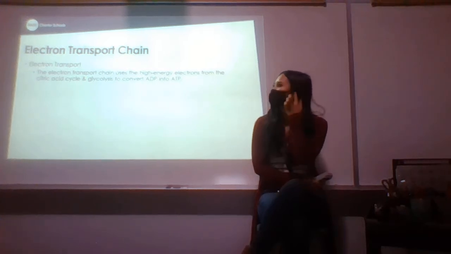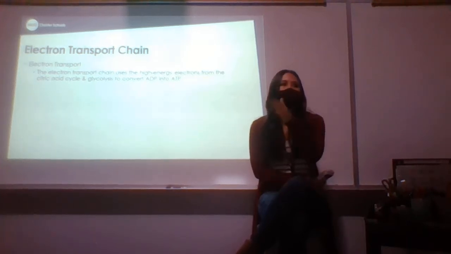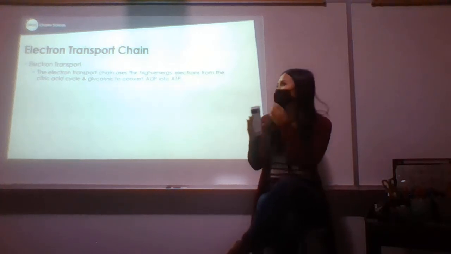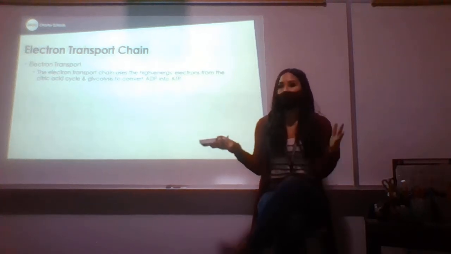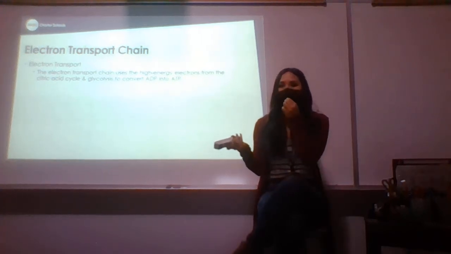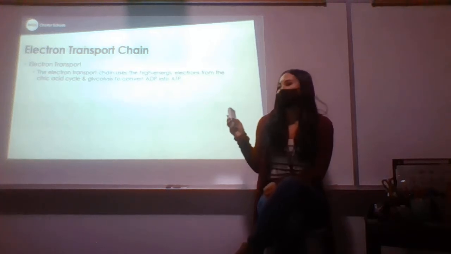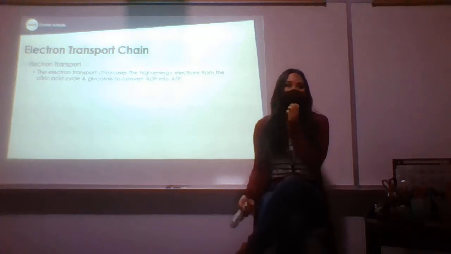So if we want to convert that ADP back into ATP, what do we have to do? Like, what turns ADP back into ATP? Yes, adding an additional phosphate to the end of it. So that's what the electron transport chain does, is provides energy to put that last phosphate bond back onto ADP, so then we end up with more ATP.